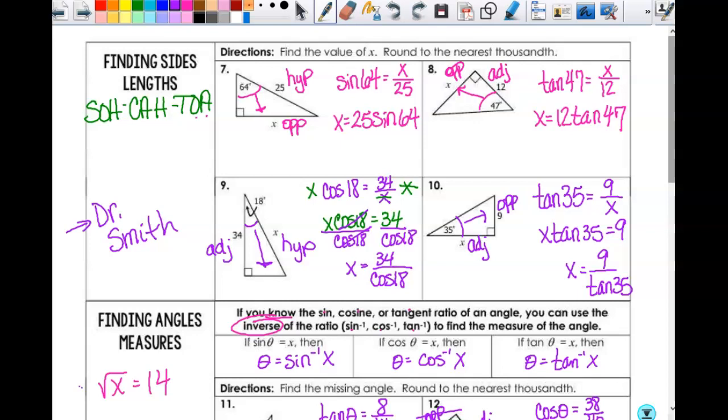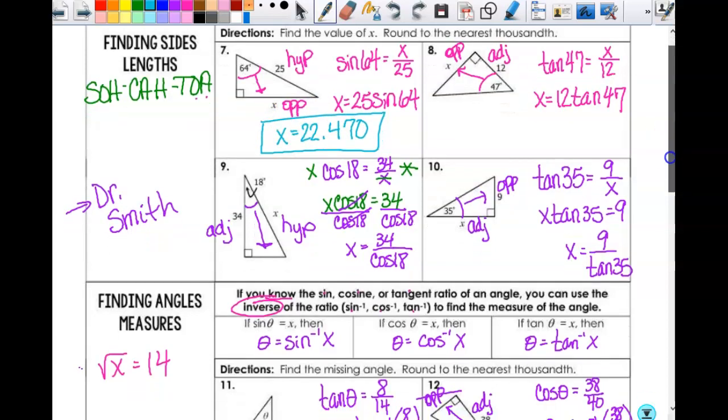Then I want you to go back and type all these answers in that we didn't type in. So 25 times the sine of 64. And you get x equals 22.470 because it says round to the nearest thousandth. Okay, so go ahead and do all the rest of them that you needed to do for a calculator.